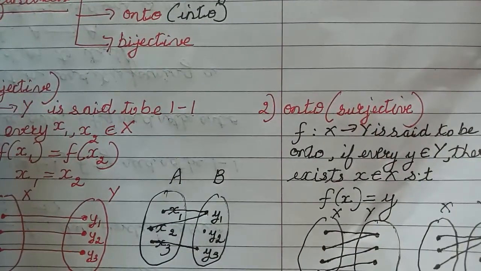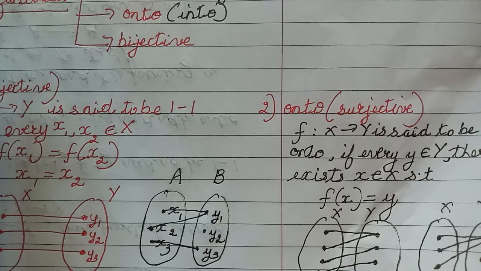It says that onto function guarantees that every element in your codomain should have a pre-image in your domain, so it covers all the elements of your codomain. Or in short, you can say that the range of f is equal to the codomain.